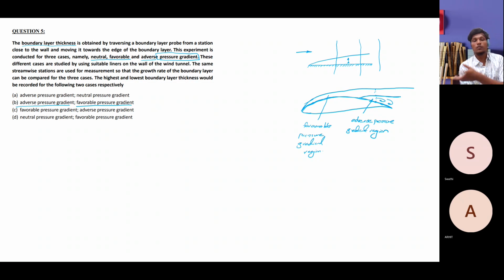This is not a simple thing to describe in terms of experiments, because you have to compare in a meaningful way, such that the neutral pressure gradient or the favorable pressure gradient definition should not be void, and at the same time your measurements you're taking, you need to measure very carefully.